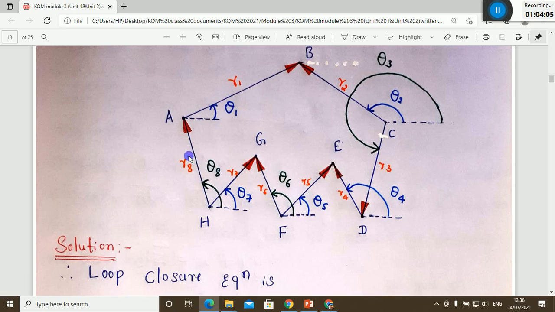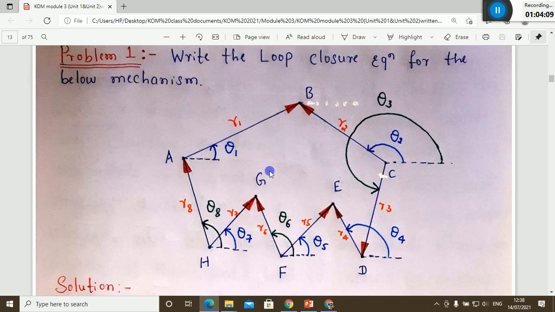Okay, so according to this, try to write down the loop closure equation. It means the summation of vectors AB, CB, CD, DE. If they are in the same direction, that is clockwise, take it as positive. If it is opposite to the reference vector, that is AB, make it negative.